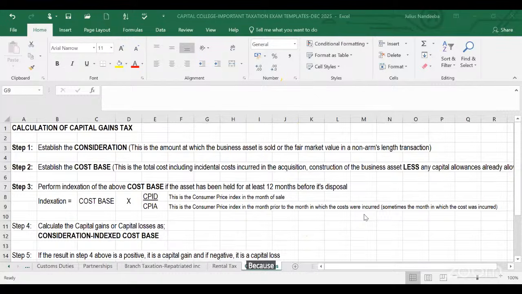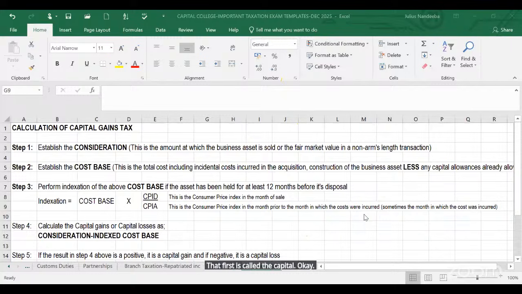Because for you to get a capital gain, you compare two things. Consideration minus cost base. When consideration is more than the cost base, definitely you have made a profit. That profit is called the capital gain.